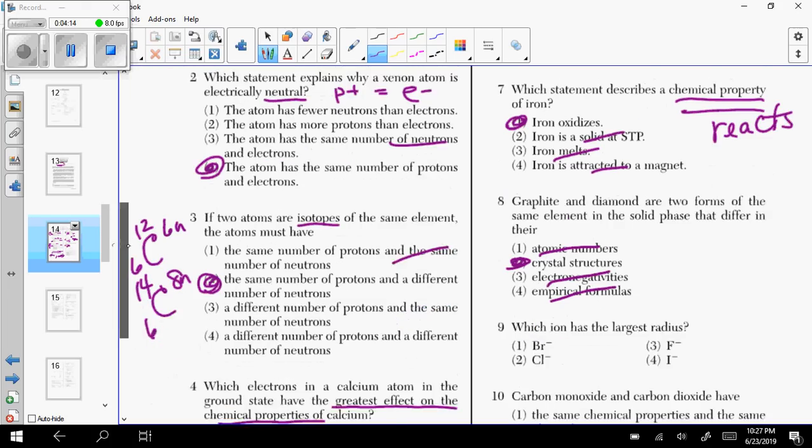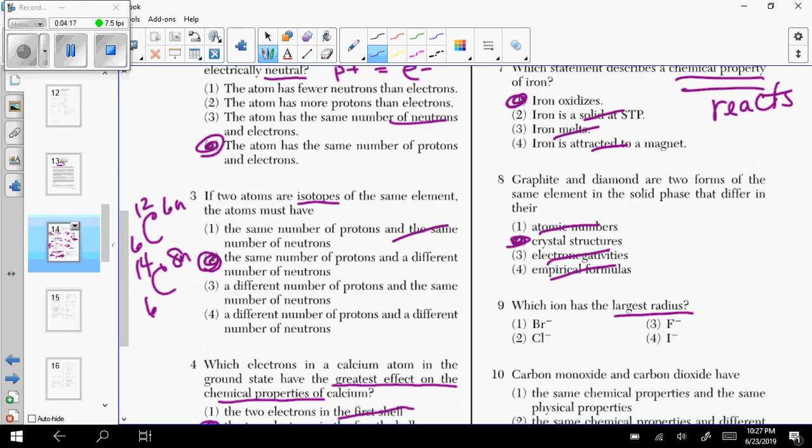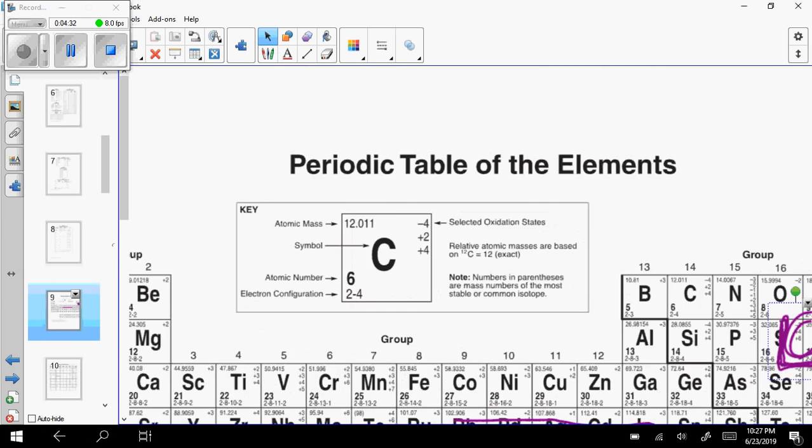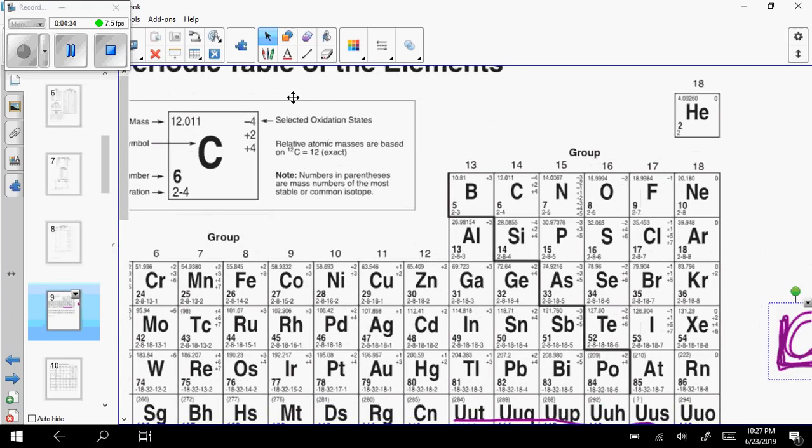All right, which one has the largest radius? So each of these are ions, and each of them are actually in the same group on the periodic table. So I'm going to go back here to my periodic table. All right, here we go.